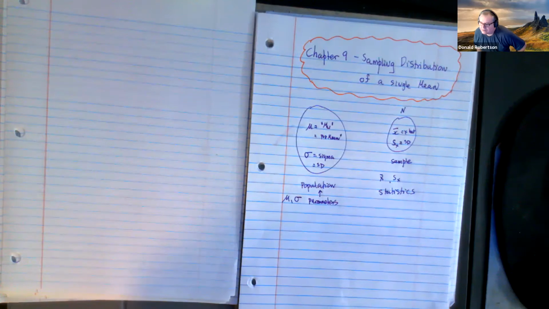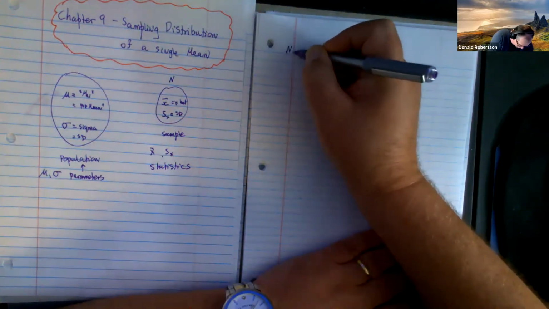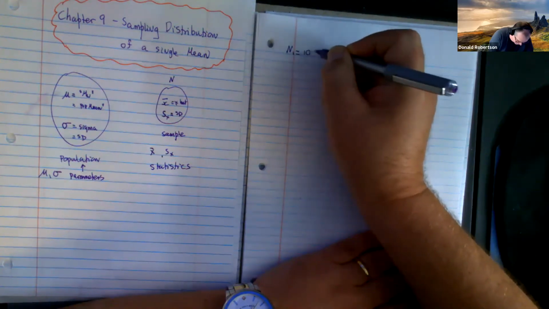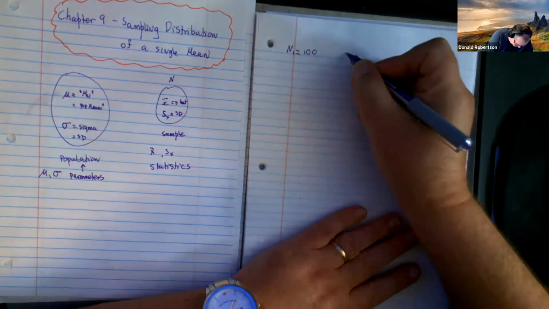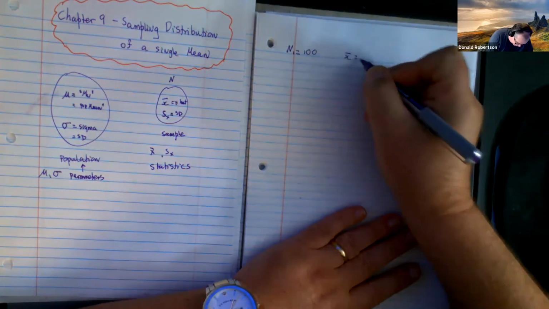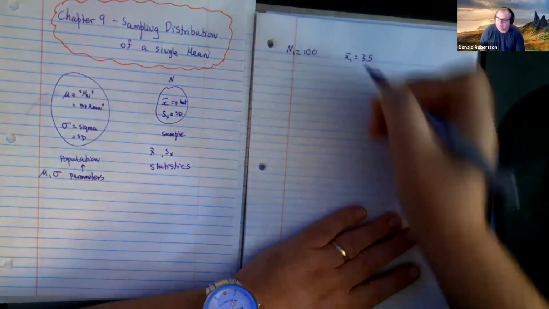So far, so good? Right. Now we're going to look at the theory behind sampling distribution. So imagine that you took a sample of 100 Americans and you found out what their age was. And their average age was 35, right?